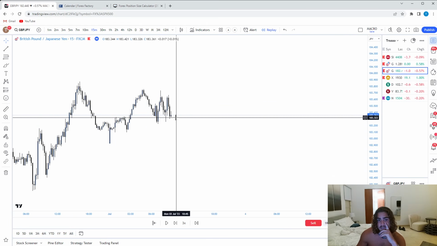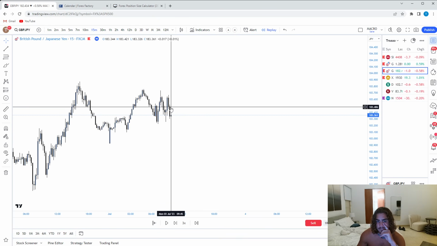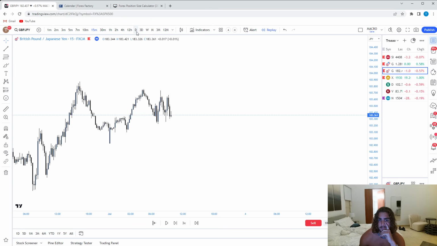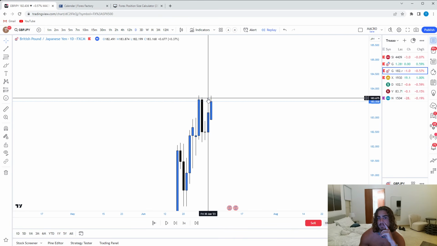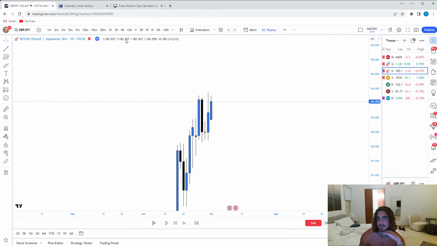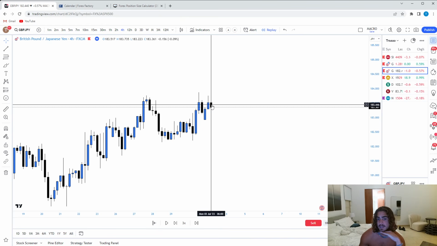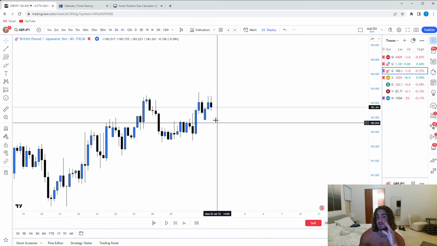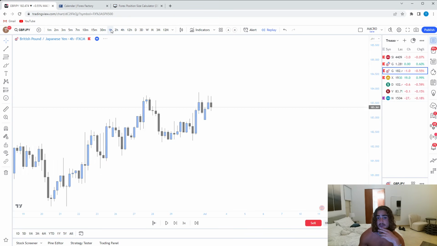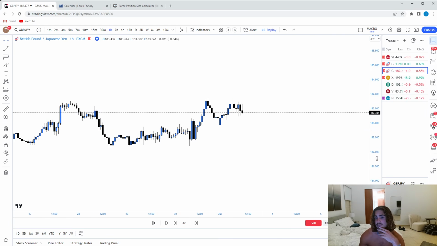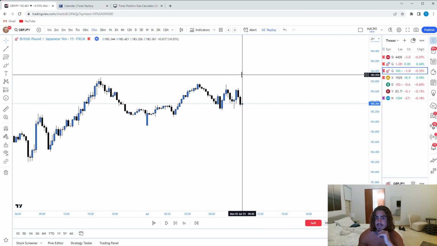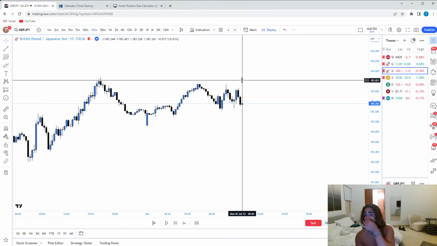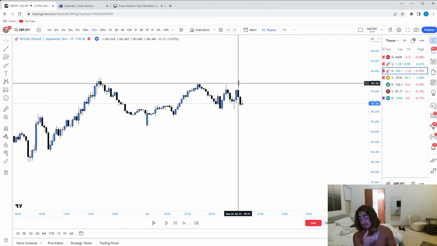This is showing us 15-minute price action at 9:45. But if we go to daily and want to see the daily bias, it shows you the full daily candle. If we want to go to the 4-hour and see what our 4-hour bias should be, it's going to show you the full 4-hour candle. If we even want to go to the hourly and see our hourly bias, it shows you the full hourly candle. And then when you scale back to the 15, it shows you the actual price point that you want to see. That's the issue with bar replay.